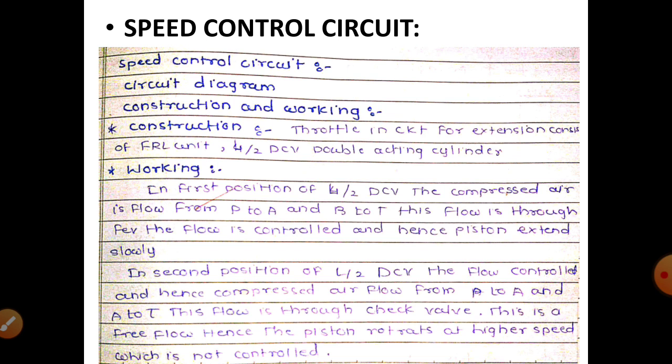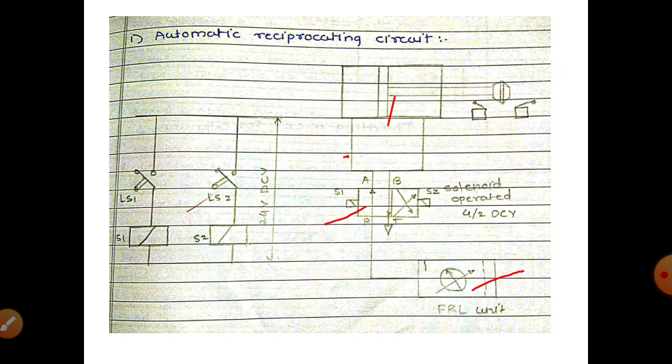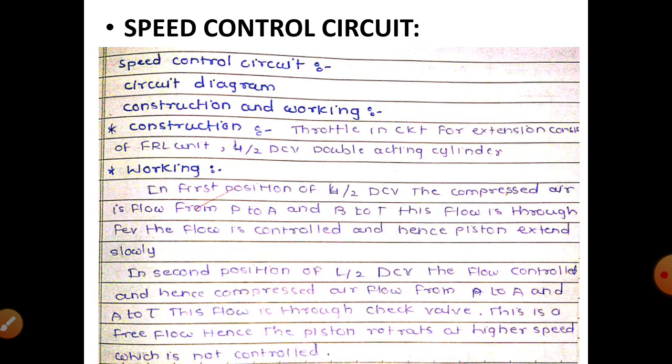The working is as follows. In the first position of the 4x2 directional control valve, compressed air flows from P to A and B to T. This flow is through the flow control valve. The flow is controlled and hence the piston extends slowly.